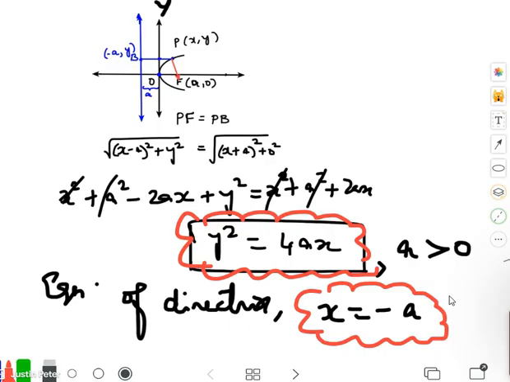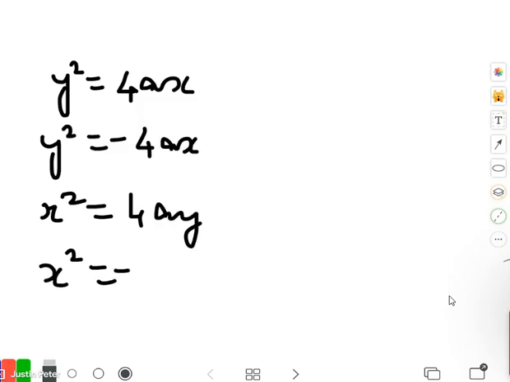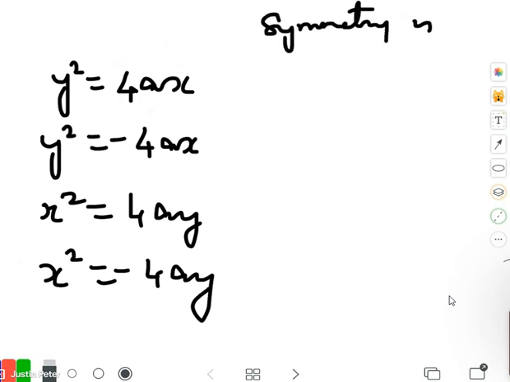Okay, now I'm going to ask you something. What are the four equations we saw? y square equals 4ax, y square equals negative 4ax, x square equals 4ay, x square equals negative 4ay. Now the symmetry is along where?